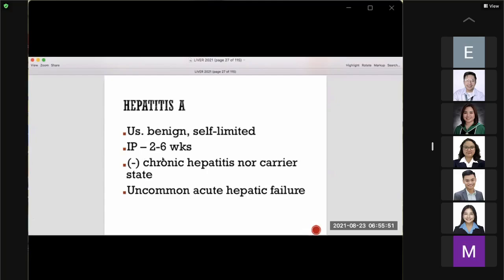There is no known chronic hepatitis nor carrier state, so the individual who only has that particular disease process will not develop chronic hepatitis or be in the state of a carrier. So once they're okay, they're going to be okay. Uncommon acute hepatic failure as well.